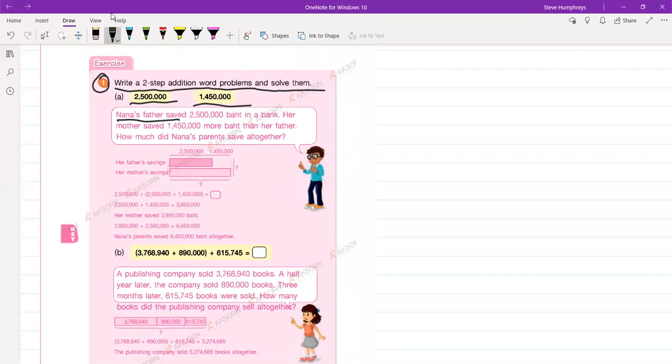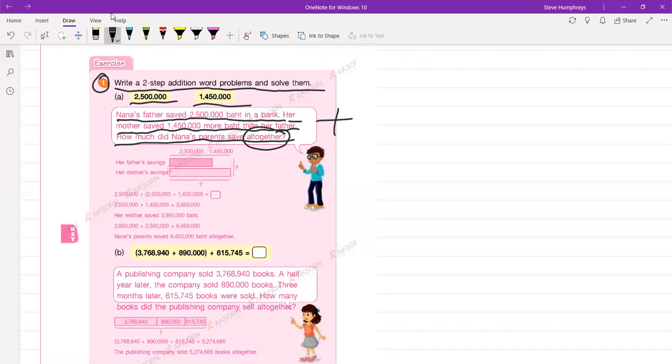Nana's father saved 2,500,000 baht in the bank. Her mother saved 1,450,000 more baht than her father. How much did Nana's parents save altogether? Keyword, altogether, tells you it's addition.